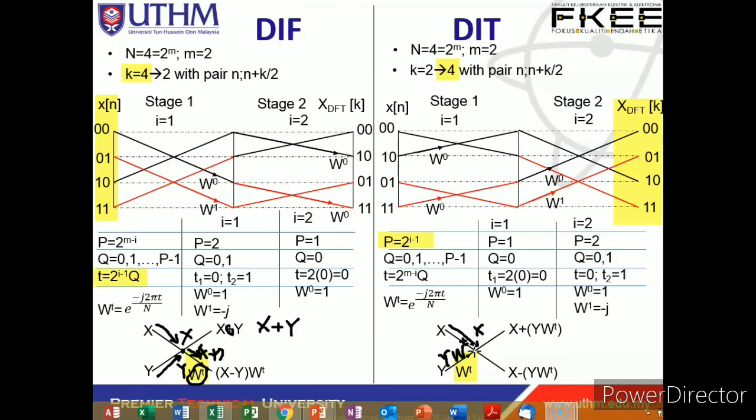The operation between these two variables at the upper side will be plus. So x plus y W^t, and then for the lower side we have x minus y W^t. So it is easy to derive it without memorizing the equation.